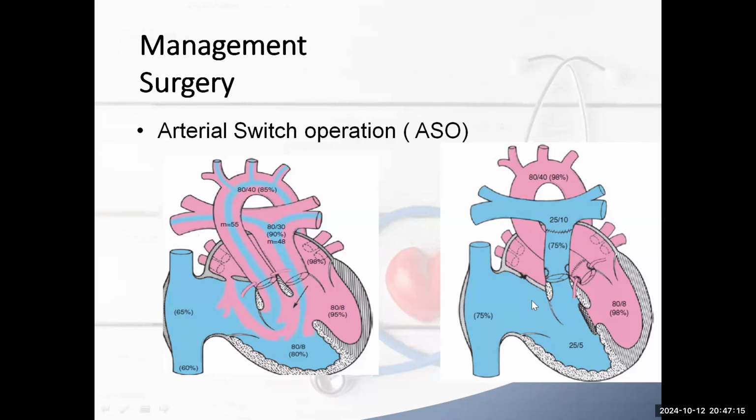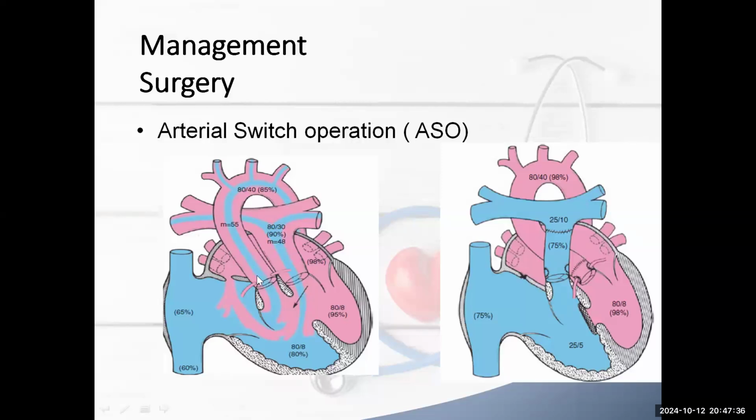So it becomes a normal circulation. We resect the pulmonary artery from the left side and make it at the right side, and we cut the aorta from the right side and make it to the left side and it becomes normal circulation.